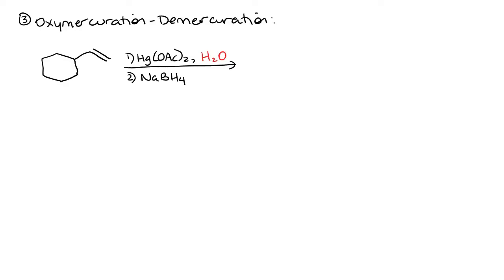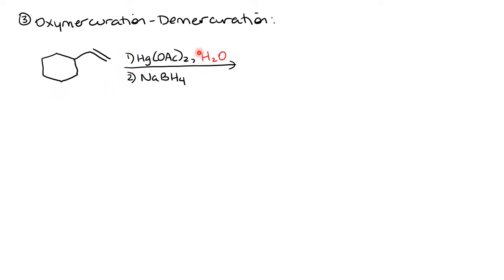Now our last method for synthesizing ethers is actually a little bit of a review. It's involving the oxymercuration-demercuration reaction. Now we talked about this in OChem 1 as a reaction with alkenes. Now we mainly use this reaction to create Markovnikov alcohols without the risk of rearrangement. So for example, using this alkene here, we're going to treat it with our oxymercuration-demercuration conditions.